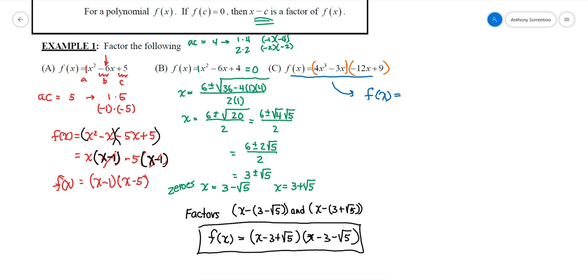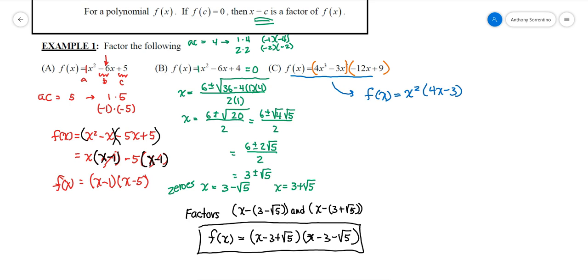I split these into 2 equal groups, and I look to factor the first group. So what will come out of the first group? It looks like an x squared will come out of the first group, and I end up with 4x minus 3.